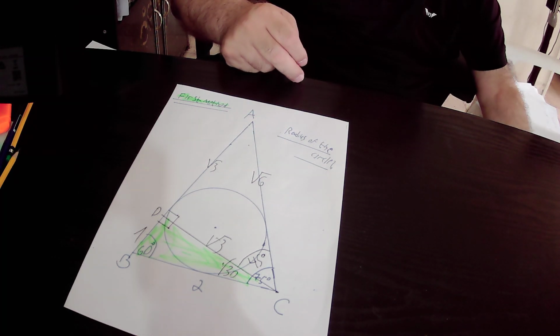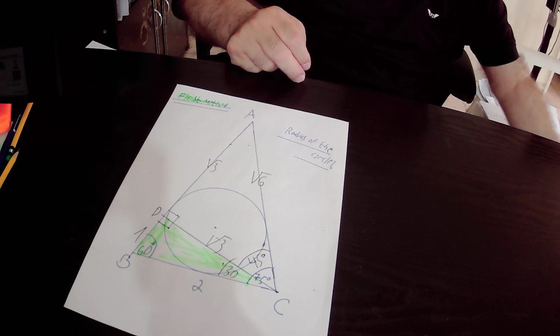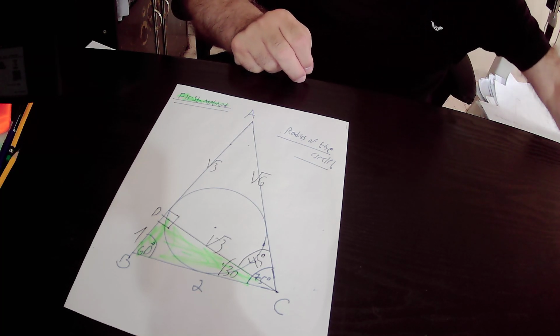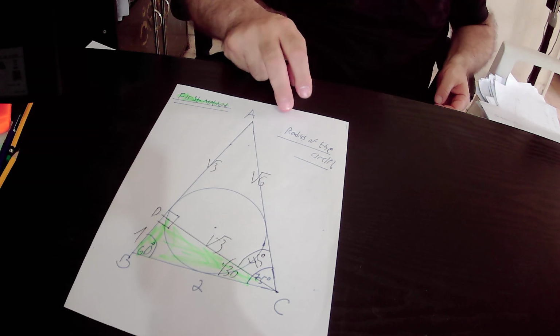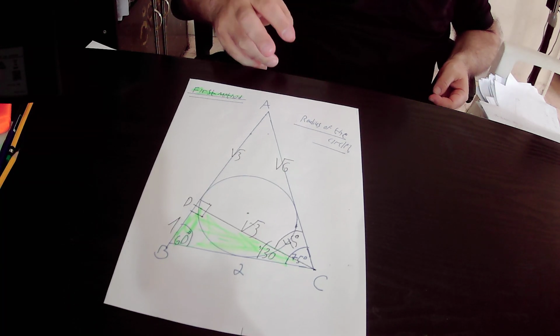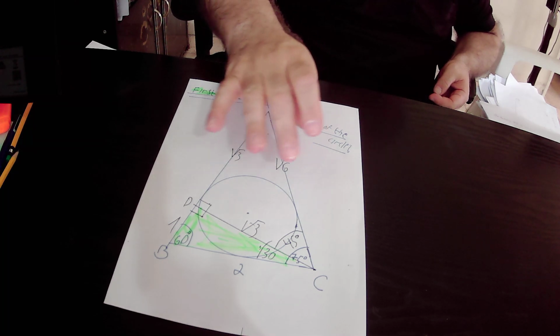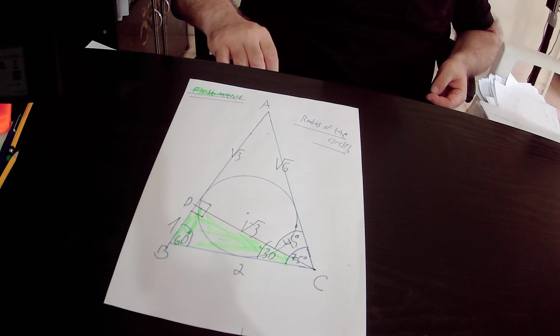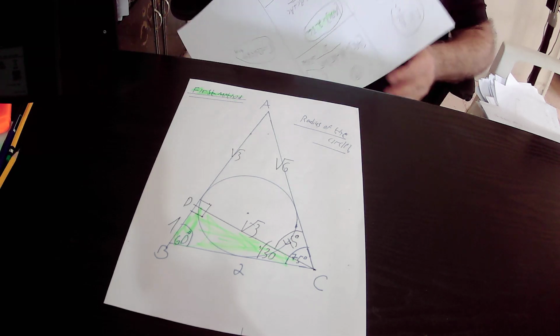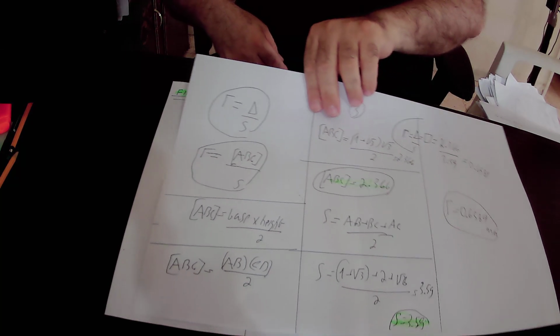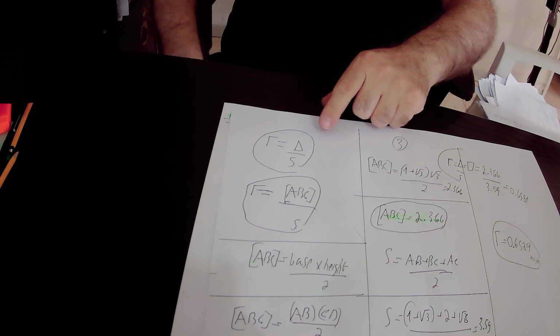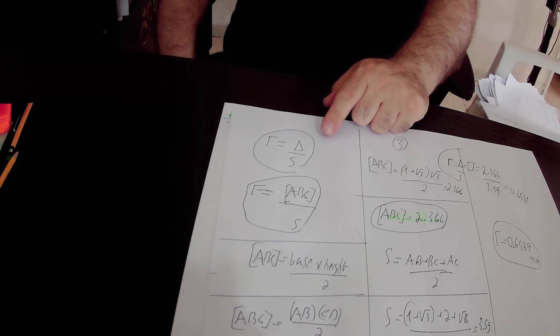Then I presented to you a new formula that helps us find the radius of any circle that is described by a triangle. According to the new formula, the radius of a circle that is described by a triangle will be equal to the area of the triangle over the semi-perimeter of the triangle.